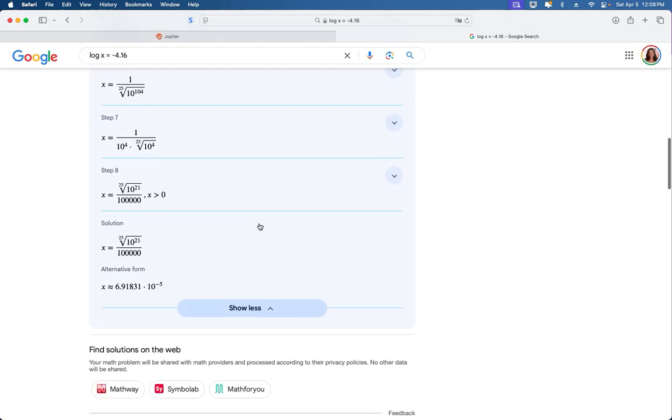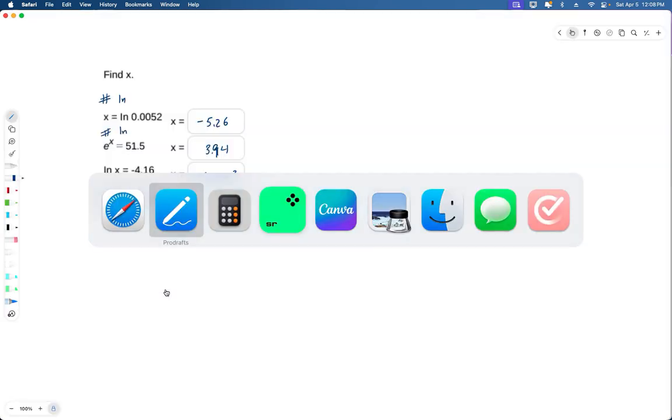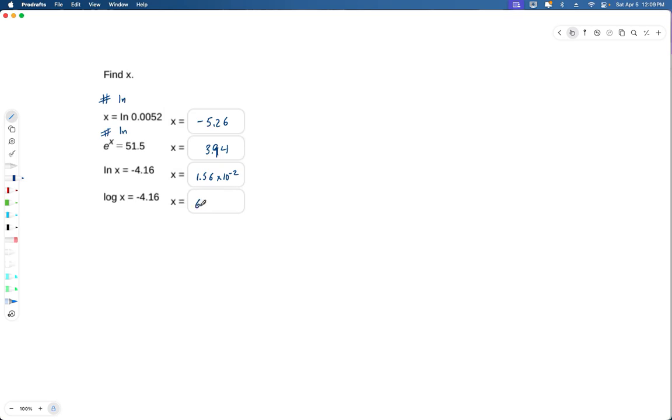You can see the steps of how it solves it. It's approximately 6.918. We're going to round that to 2 places. So 6.92 times 10 to the negative 5.